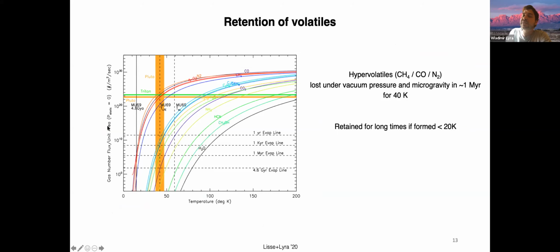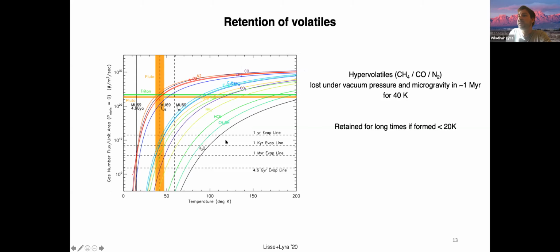And on the y-axis here, you have the flux in number of molecules per area per time of the different species. What you're seeing here is if you follow the line of water ice at a temperature of 60 Kelvin, 60 or 70, even at that temperature, you can retain water ice up to 4.6 billion years, the age of the solar system.